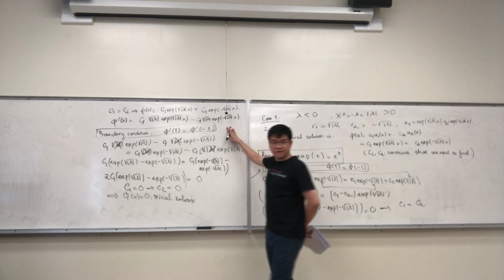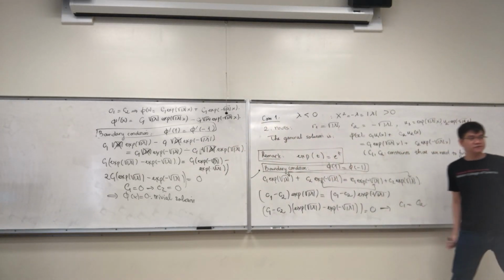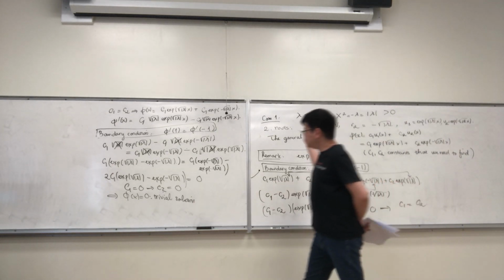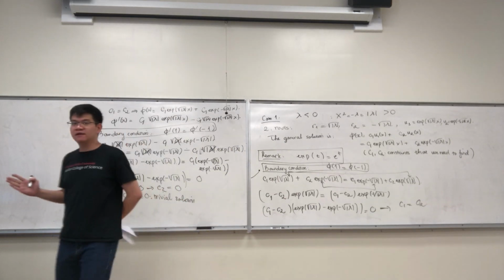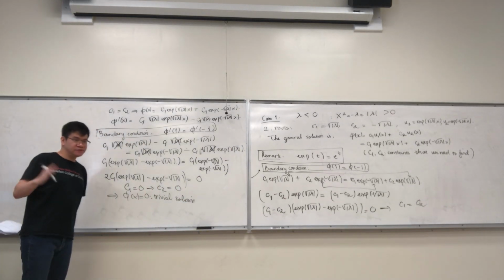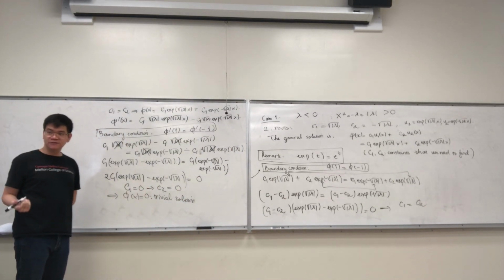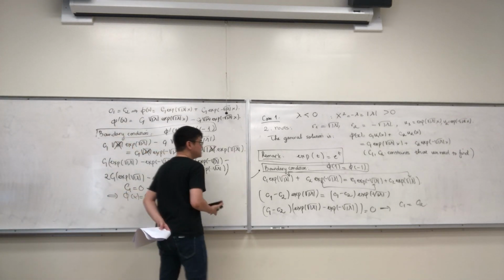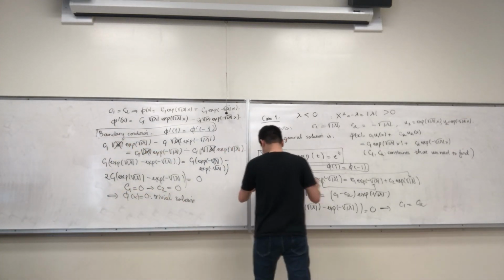So you understand the first case, right? Questions? Is it clear? Basically this case is always the easiest case, and the more difficult case is the next one, when lambda is 0 and when lambda is positive. So now I consider the case when lambda is 0.